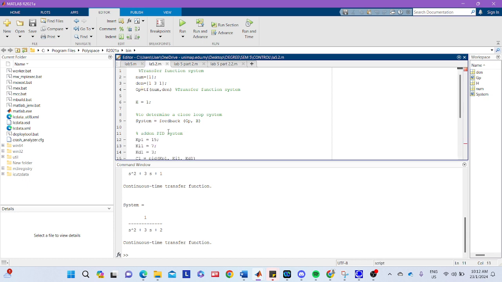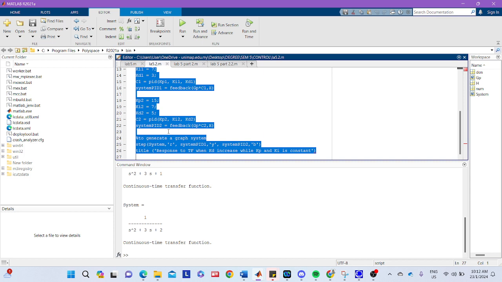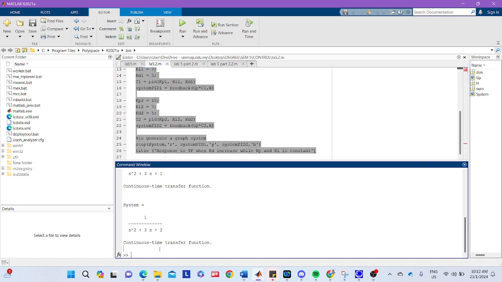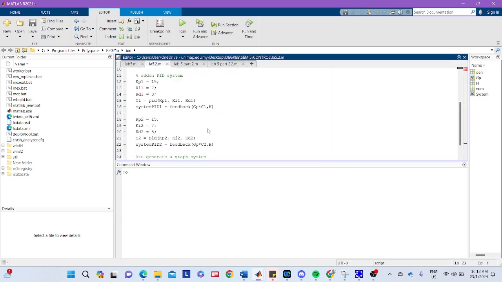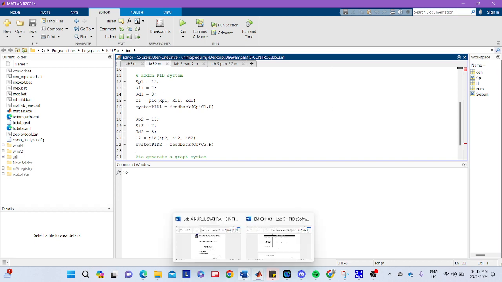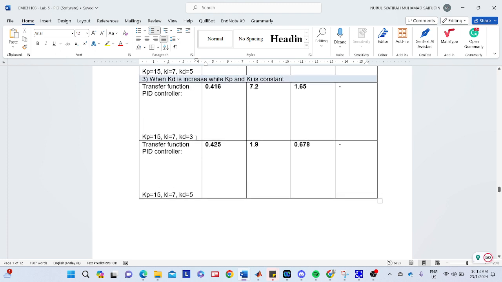This is the coding. For this method I use these values: Kp 15, Ki 7, Kd 3, and Kp 15, Ki 7, Kd 5.